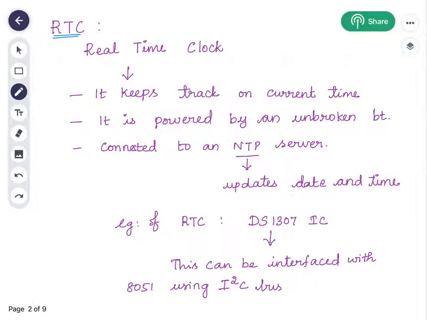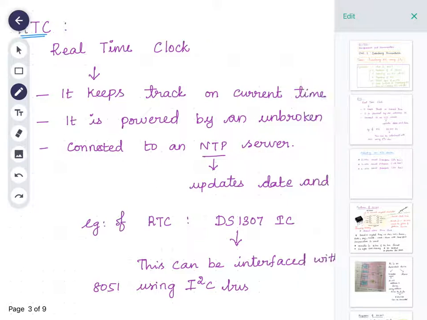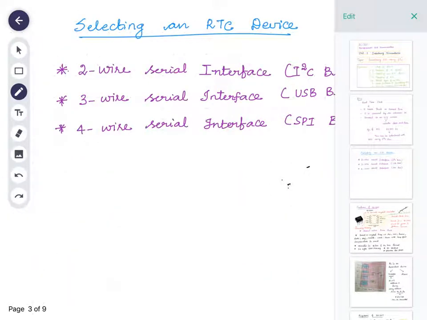An example of an RTC device is the DS1307 IC. This can be interfaced with 8051 using I2C bus. So we must be aware while selecting any RTC device for interfacing.